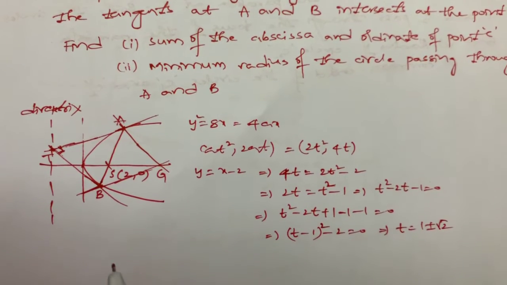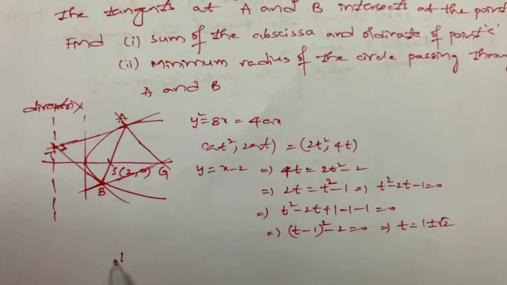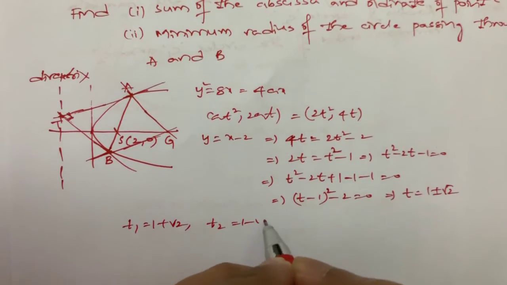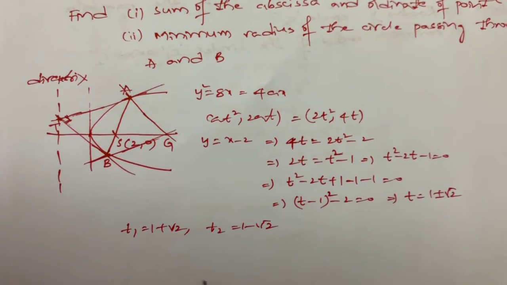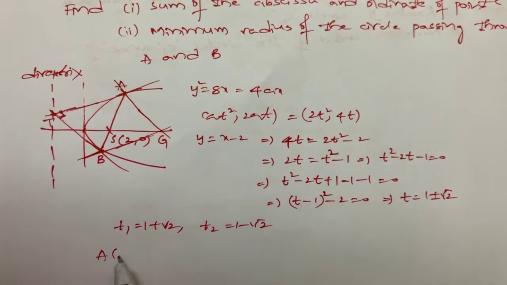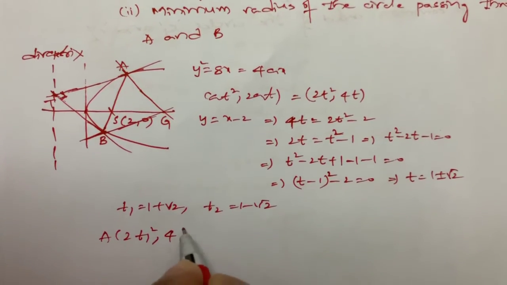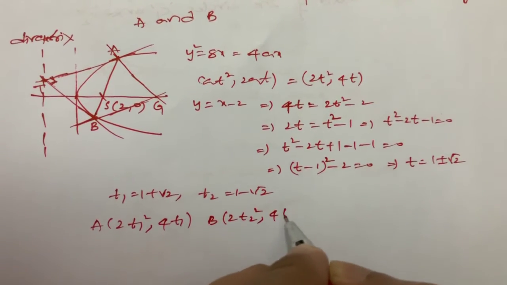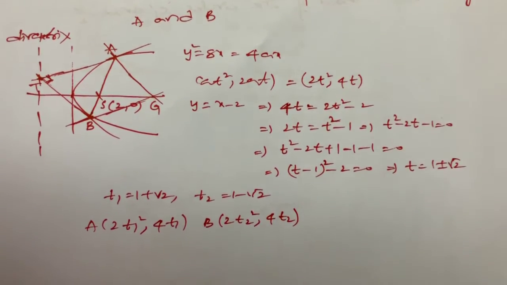So we have 2 points: t1 = 1 + √2, t2 = 1 - √2. So we'll get both the points A and B. A is (2t1², 4t1), B is (2t2², 4t2).